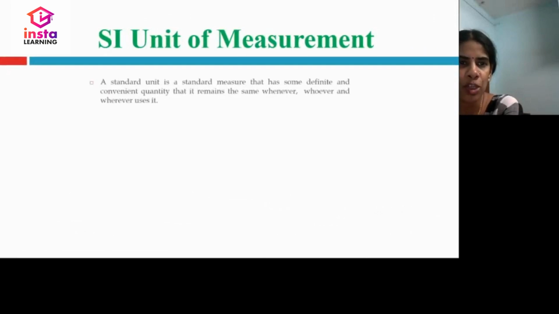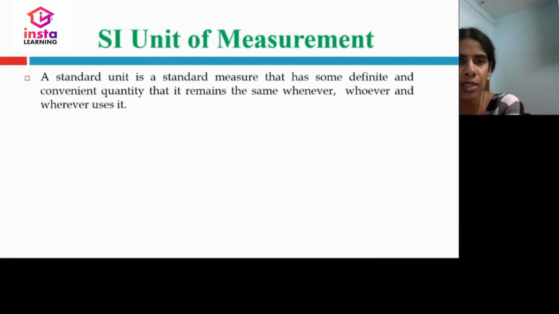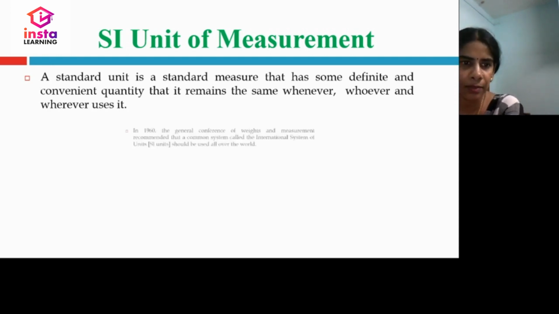SI unit of measurement. A standard unit is a standard measure that has some definite and convenient quantity, so that it remains the same whenever, whoever, wherever it is used. So a standard unit means a standard measure. Let it be anywhere, let it be measured by anybody, that is a standard unit.